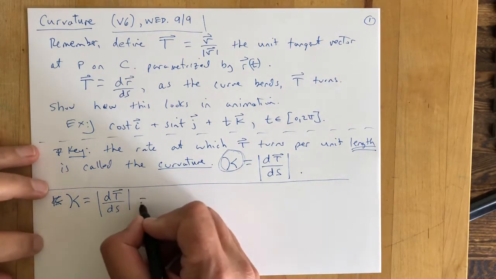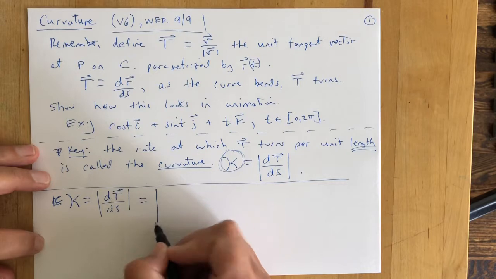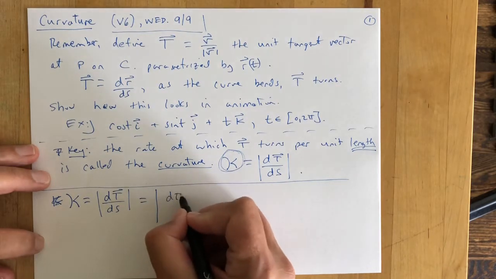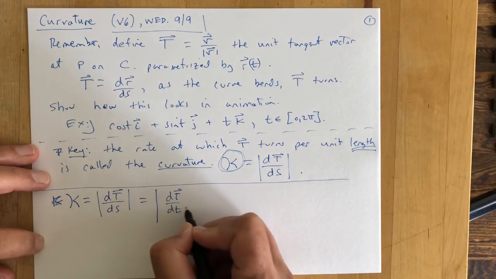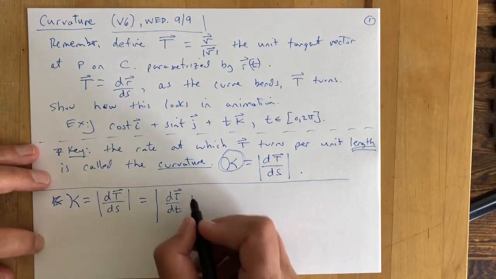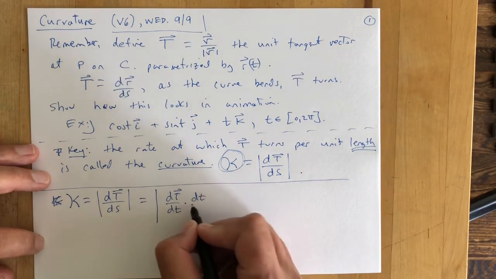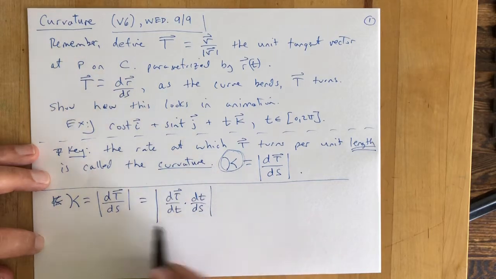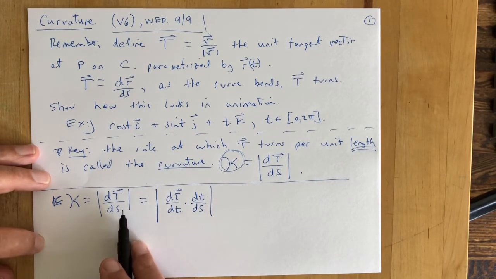Okay. Now using the chain rule, staying inside the absolute values here, I have dT/dt, so now that's the t parameter, times dt/ds.